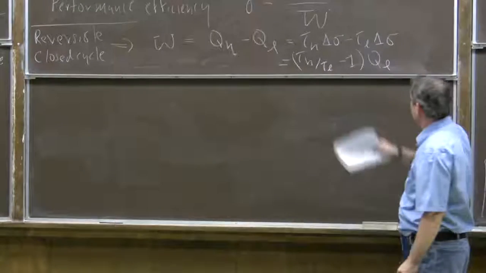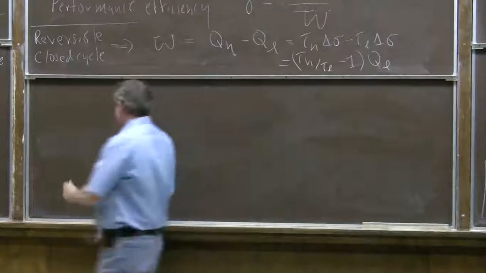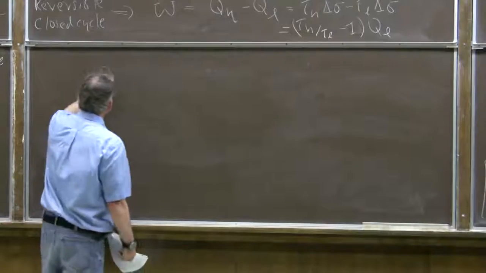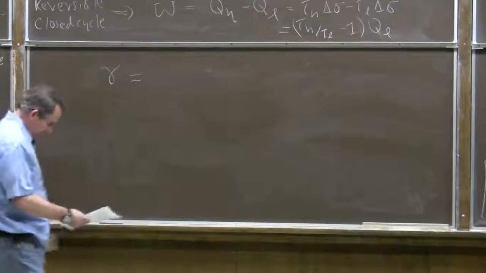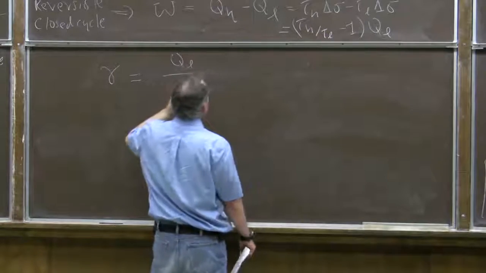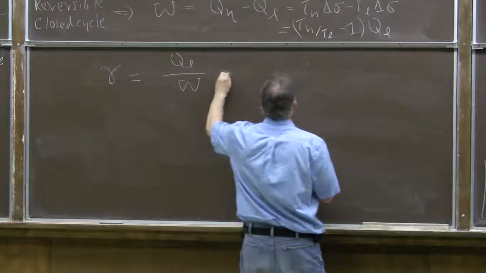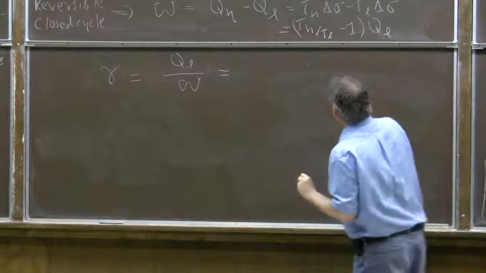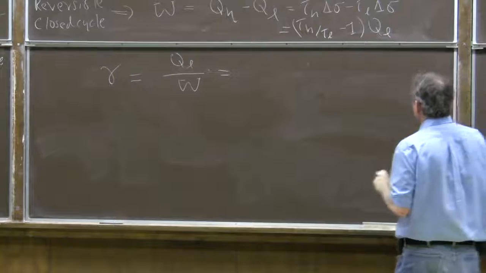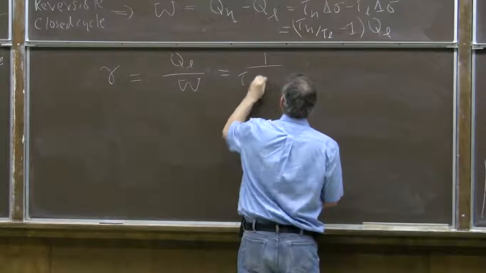So when I call it gamma, my measure of efficiency for refrigeration, the amount of heat withdrawn per unit of work done, in the ideal case, is 1 over tau H over tau L minus 1.